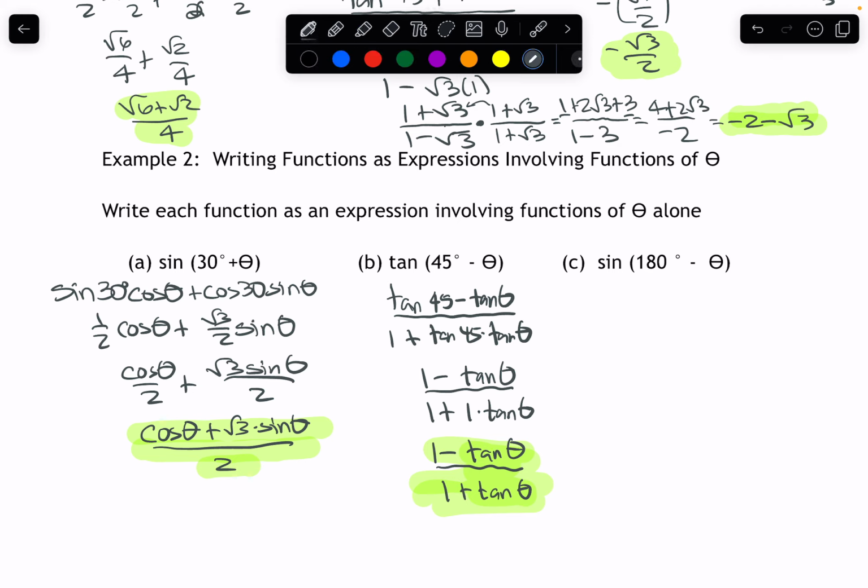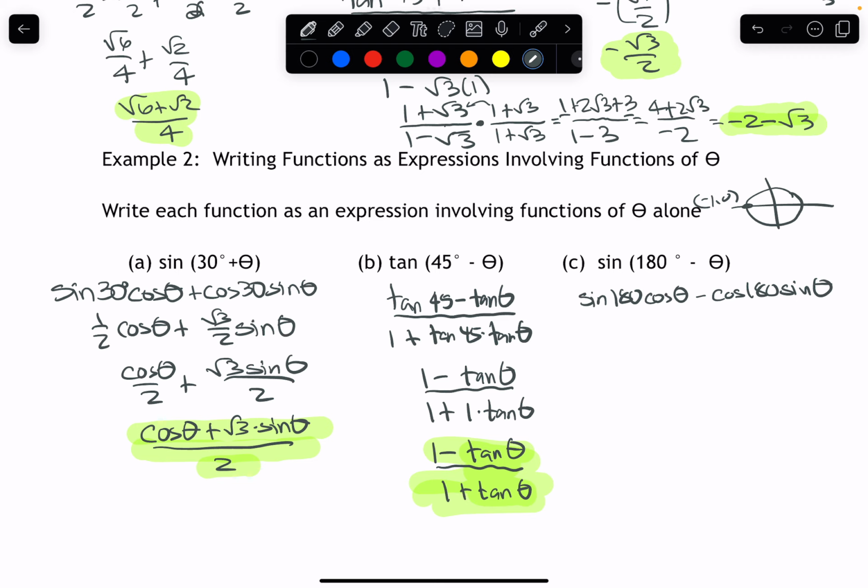And then finally, our last example in this, again, it's a difference identity for sine. So that's the sine of 180 cosine of theta minus the cosine of 180 times the sine of theta. Let me draw a quick little unit circle here.